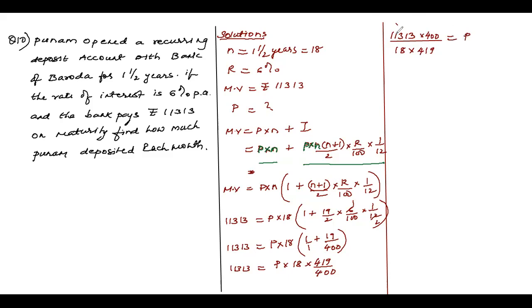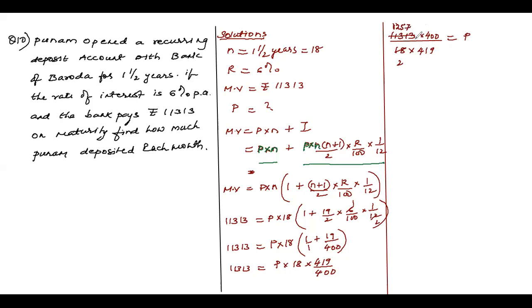Very simple, children. 1 plus 1, 2, 2 plus 3, 5, 5 plus 1, 6, 6 plus 3, 9. So it comes in the table of 9. 9 twos are 18, 9 fives are 45, 63, 7s are 63.